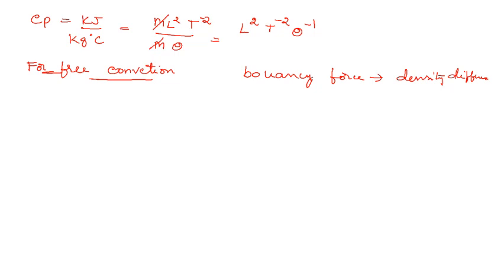So the number of variables is 7. What are they?